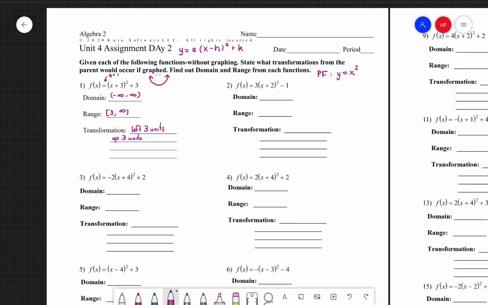Now on number 2, we have f of x equals 3 times (x plus 2) squared minus 1. So this 3 is my a value. It is a positive number, so it is a happy parabola. It kind of looks like a U. For my transformations, I see 3 things that are different.